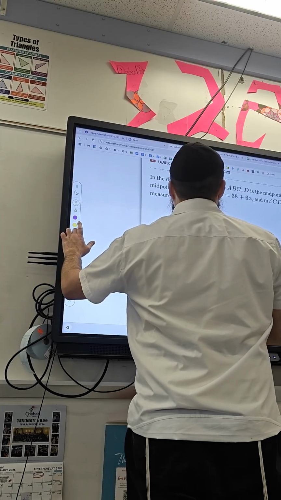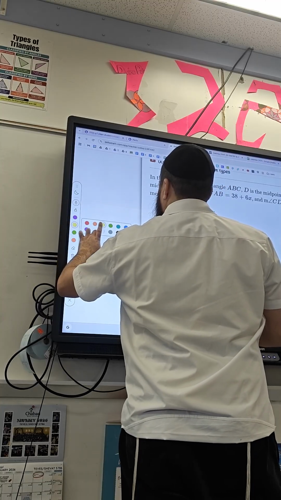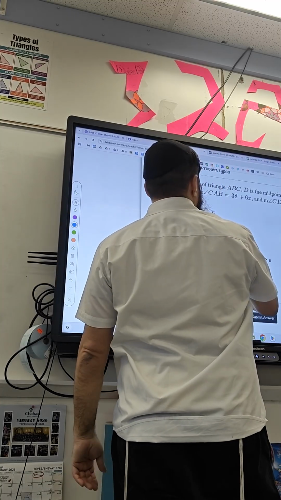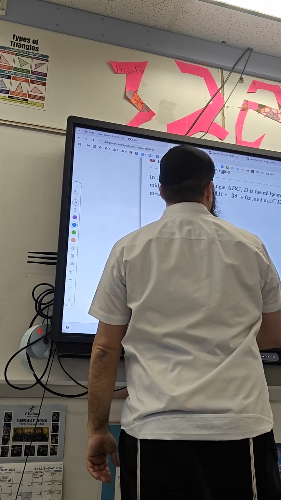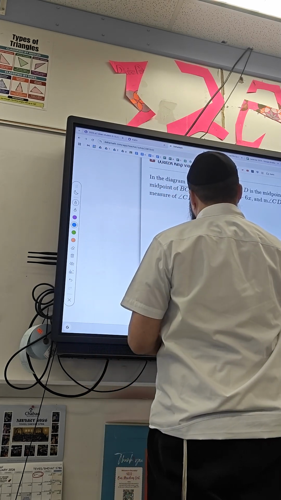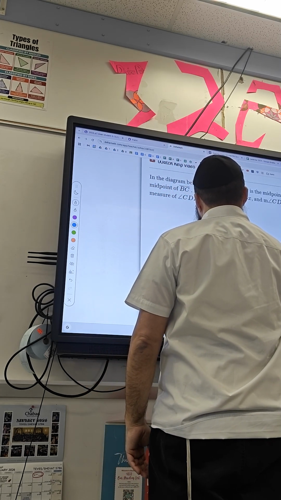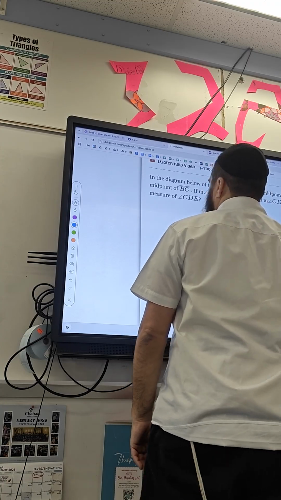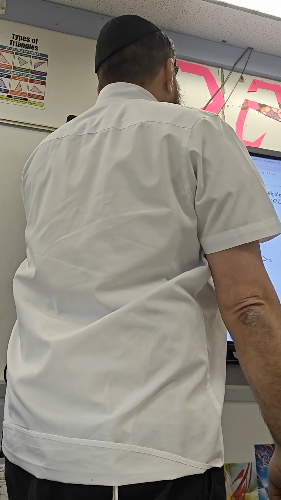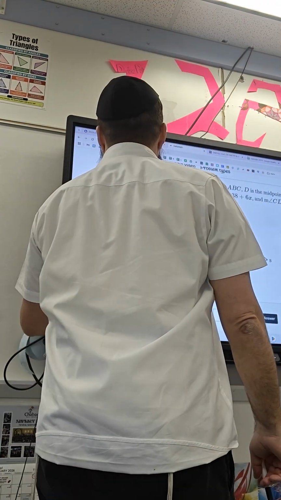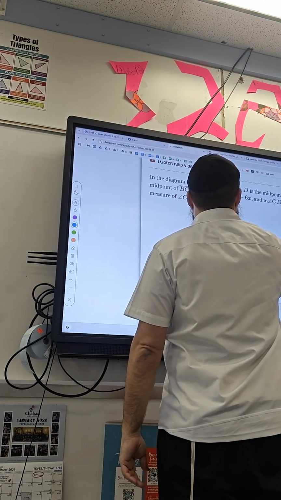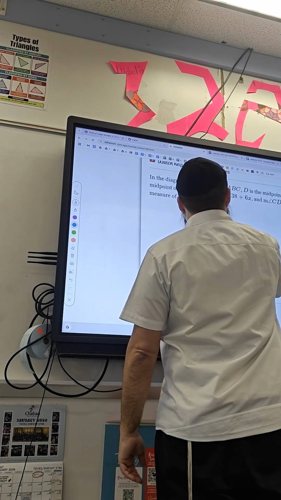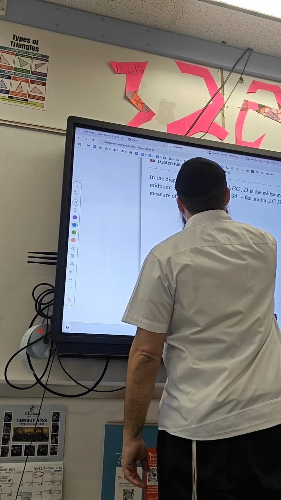CAB is 38 plus 6x. And CDE is 64 minus 7x.